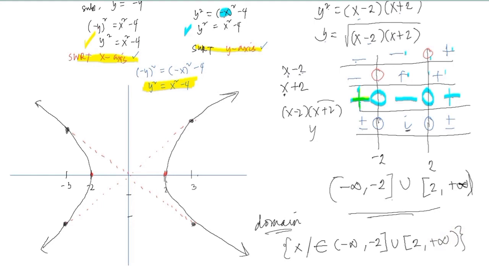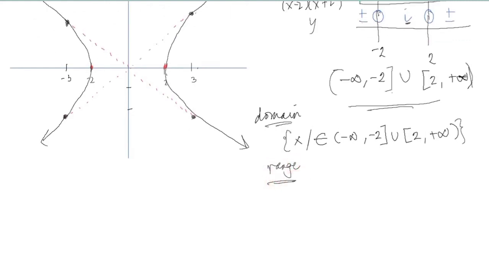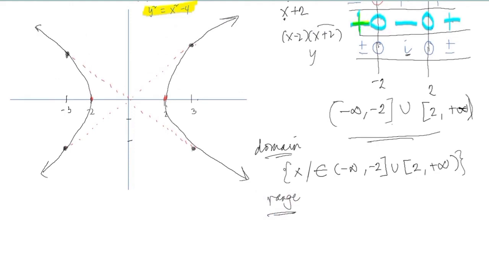Pero pag yung domain natin sa y, hindi na domain yung term. Ang term natin doon kapag y yung pinag-usapan natin is the range, no? Range naman siya. As you can see here, lahat naman ng y natin, simula sa 0 hanggang makarating ka doon sa taas, hanggang makarating ka doon sa baba, ay may value lahat.